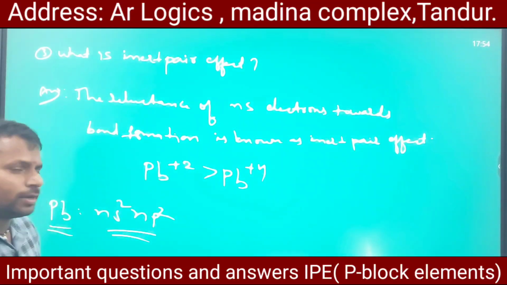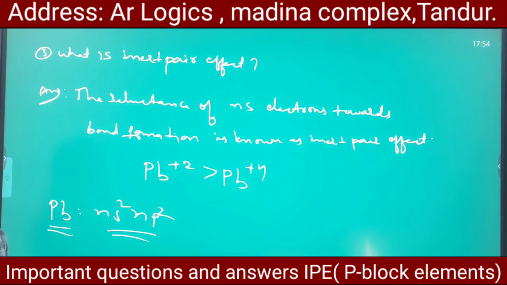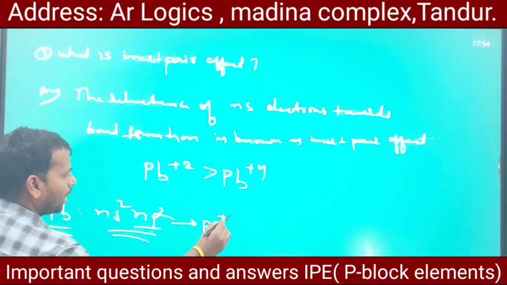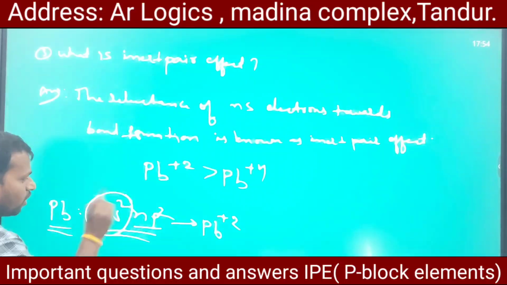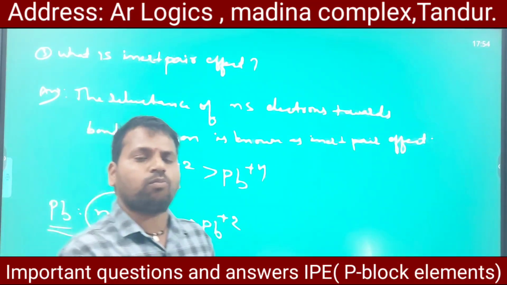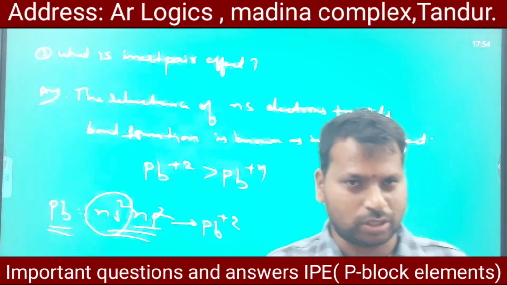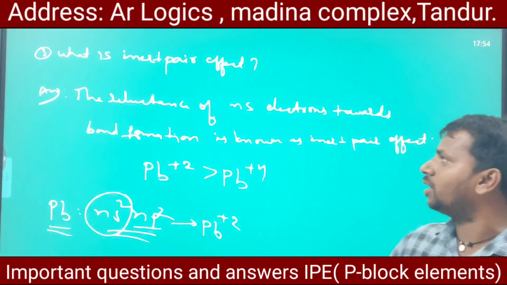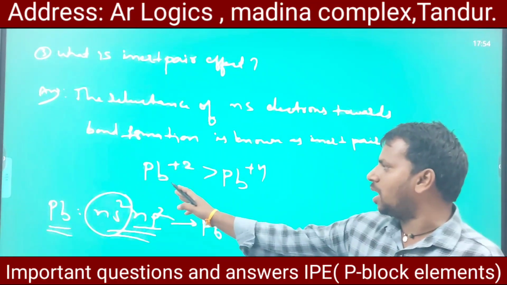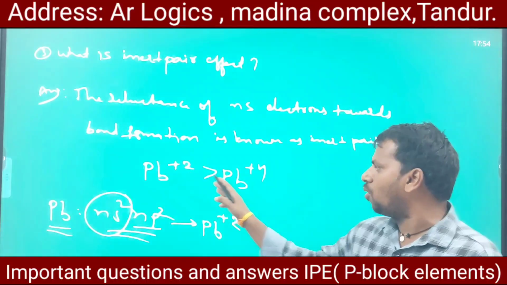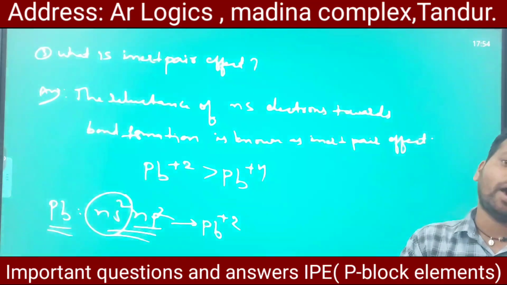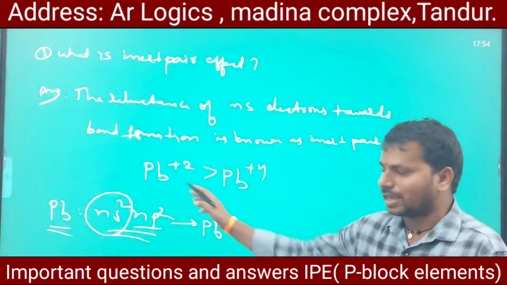Here the p electrons are lost, forming Pb2+. The ns2 electrons are not willing to take part in bond formation. That reluctance of ns electrons in bond formation is the inert pair effect. The best example is Pb2+ being more stable than Pb4+ due to the inert pair effect. While writing this answer, you have to write this example.